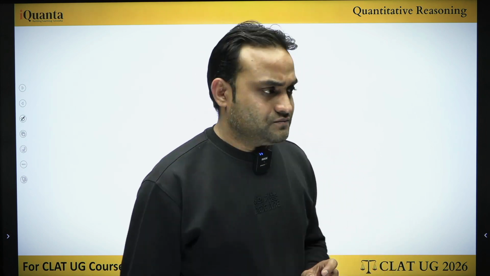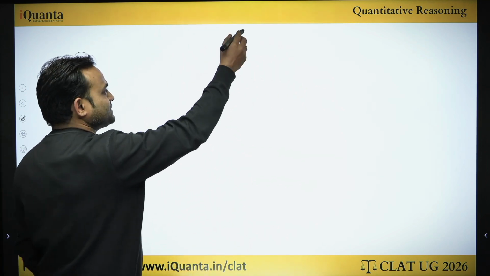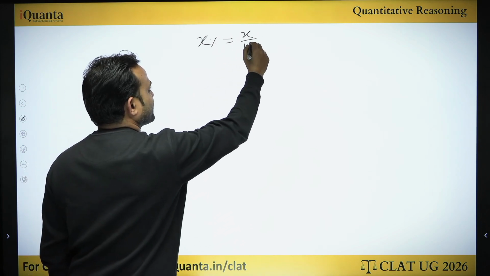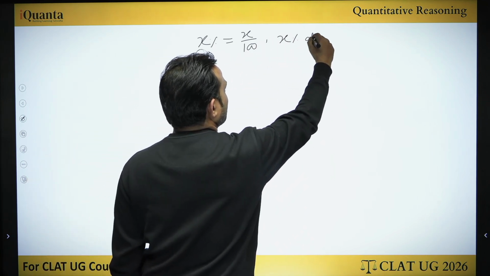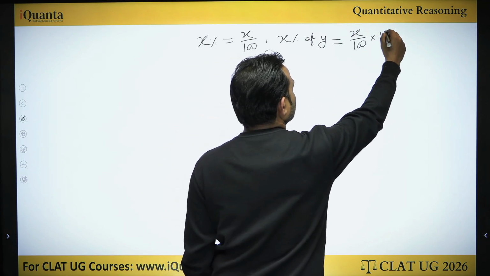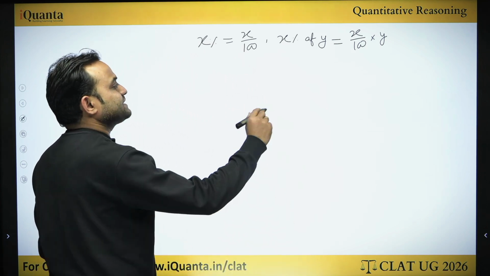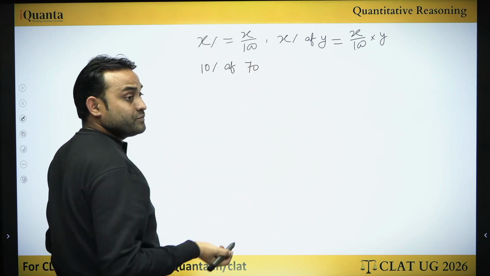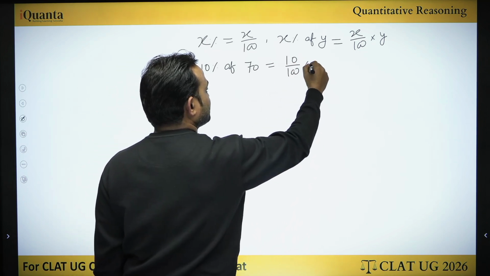So first of all, what is percentages? Percentages means if I say x percent, it means x upon 100. X percent of y means x upon 100 into y. Now if I want to find, let's say, 10% of 70, 10% is nothing but 10 upon 100 into 70.